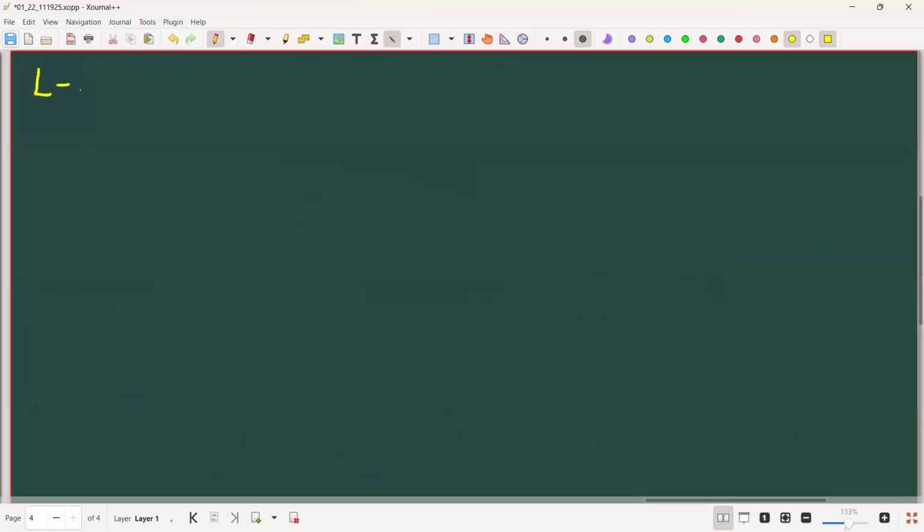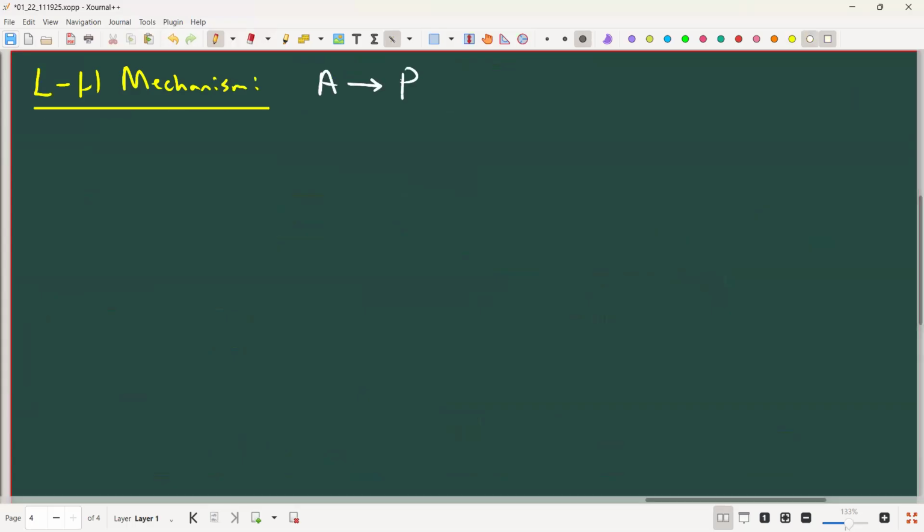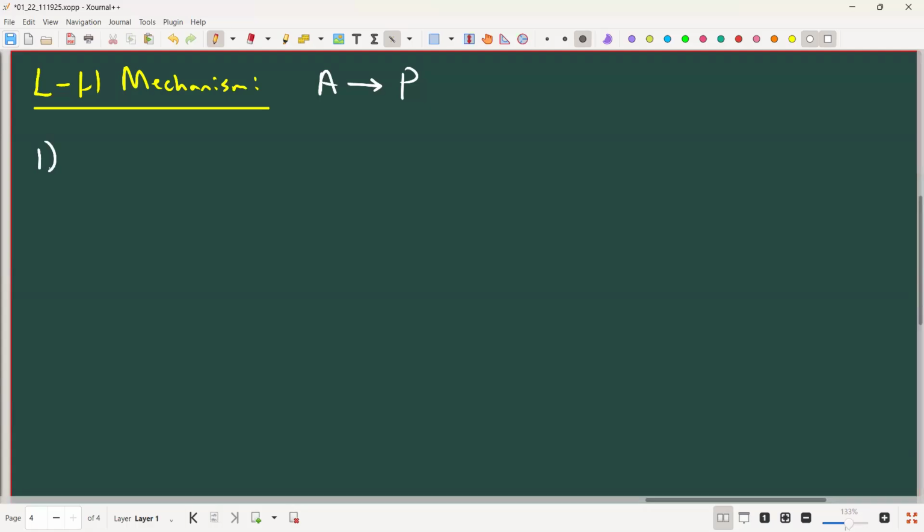So the Lindemann-Hinshelwood mechanism. Right, we're just going to keep it simple. We're just going to think about A going to P, okay? It doesn't matter what A is, or what P is, okay? We'll see that it's completely general. And Lindemann and Hinshelwood write that the mechanism looks like this.